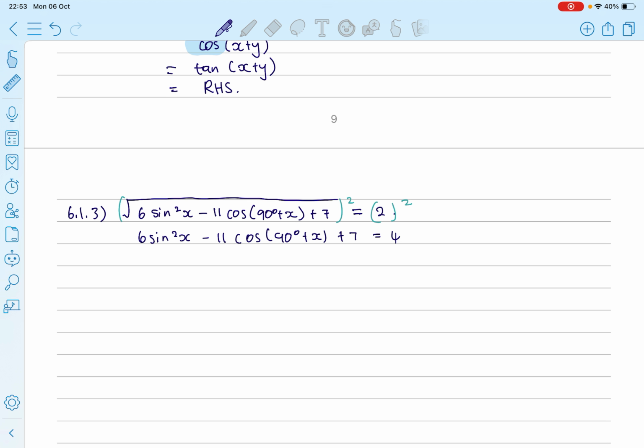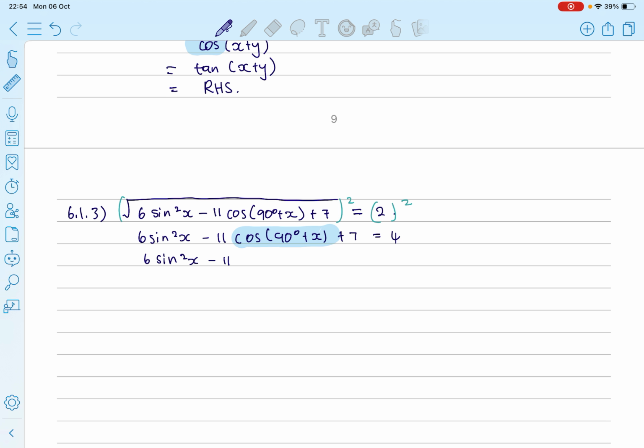Okay, now we can deal with this cos 90 degrees plus x. So 6 sine squared x minus 11. 90 degrees plus x is again co-ratios. Other people know them as co-functions, which means we're now converting to sine. But because it's 90 plus x, we're in the second quadrant.